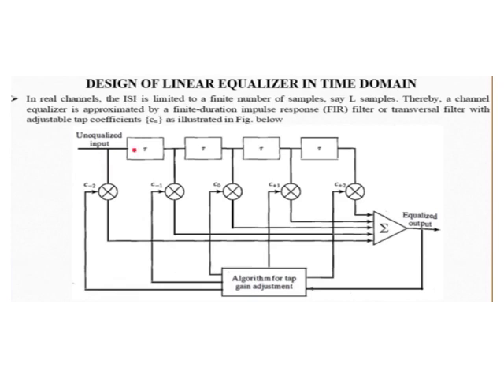This is our unequalized input, and this represents the algorithm for the tap gain adjustment, the Cn gain adjustment, and this is the summation that is resulting in the equalized output. The unequalized input results finally in the equalized output.